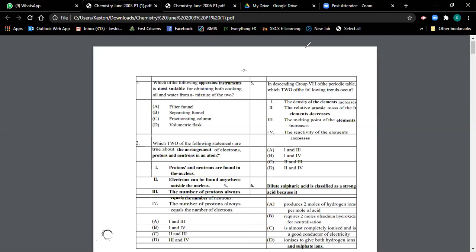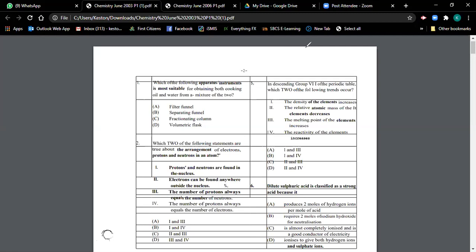That is possible. The relative atomic mass of the elements decreases. That will not make sense. The melting point of the elements increases. The reactivity of the elements increases. A says 1 and 3. Yeah, that makes the most sense.